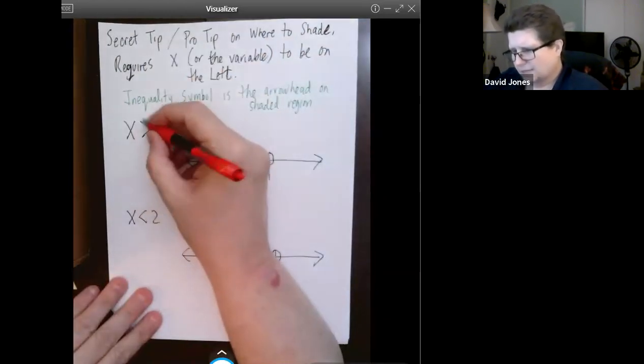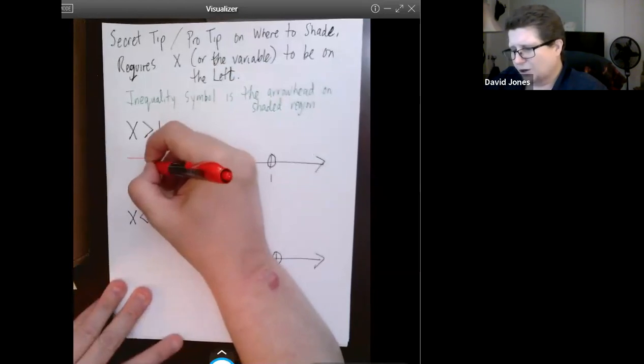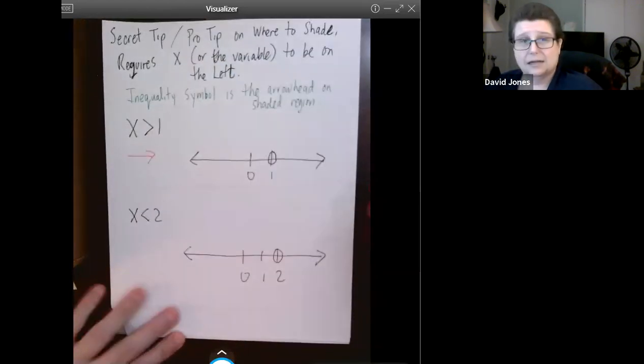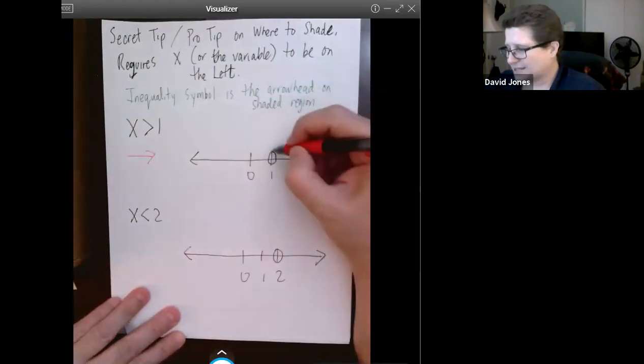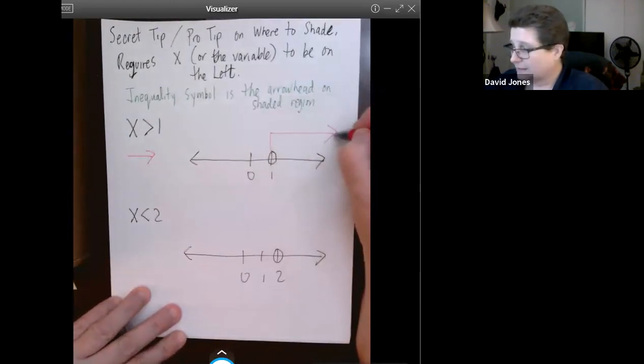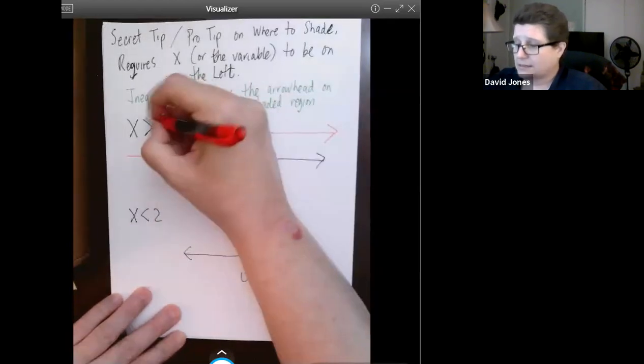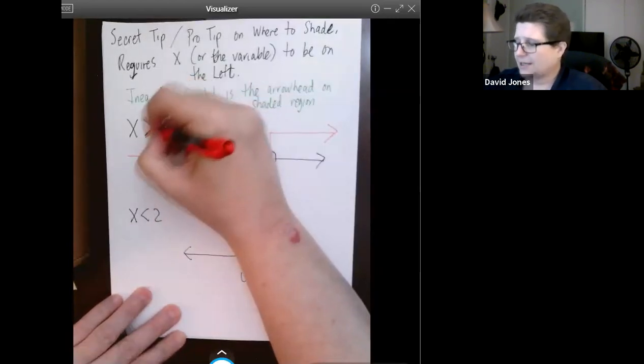So the inequality is like that. I'm going to have an arrow that looks like that. And there's no way that works over here on the left. So it's got to be coming out and going to the right. Looks like the arrowhead.